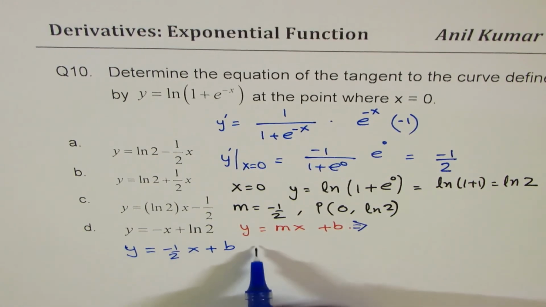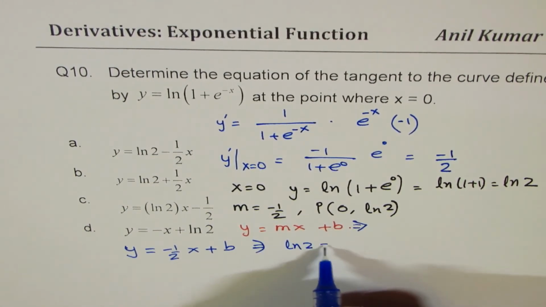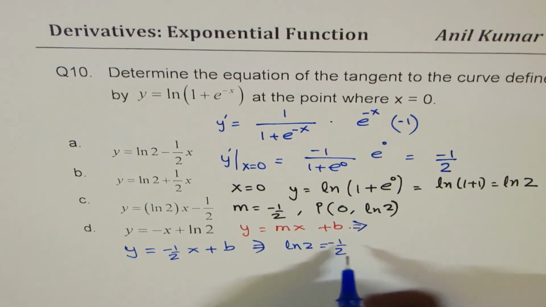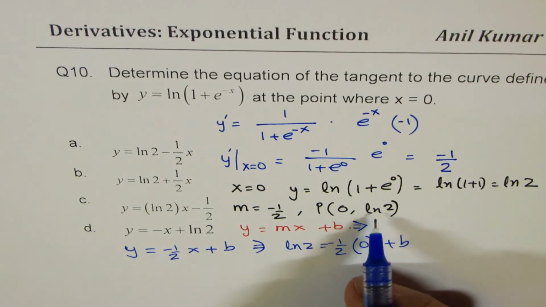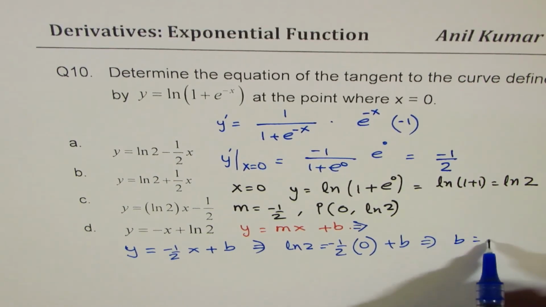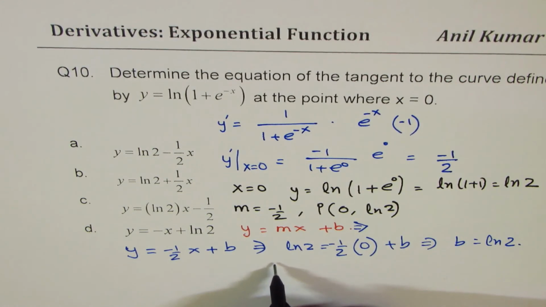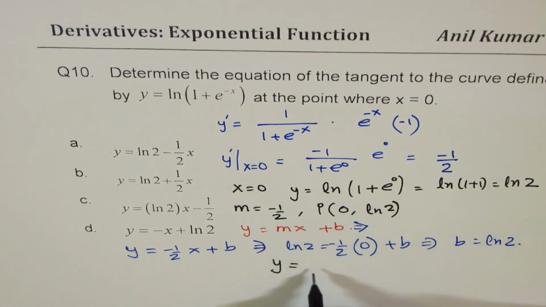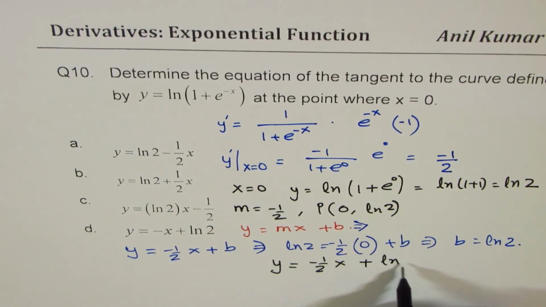To get the value of b, I will substitute y as ln 2, right? ln 2 equals minus half times x value 0 plus b, correct? So that is the y-intercept ln 2. Since that is the y-intercept ln 2, that implies b equals ln 2. We have our answer, which is y equals slope of minus half x plus y-intercept ln 2.